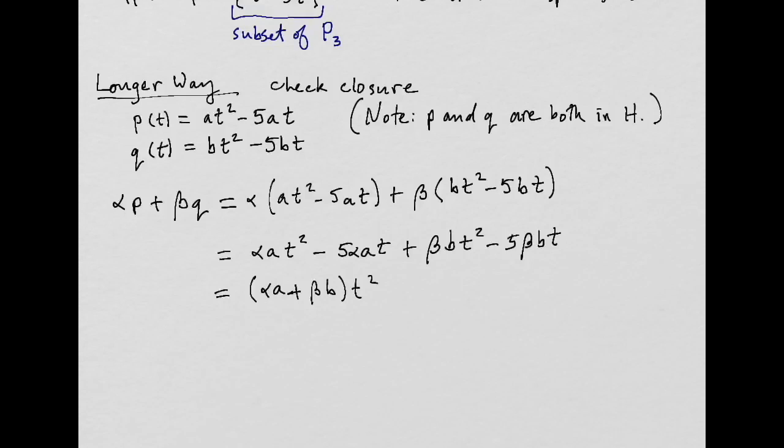Then we'll do the same for the t terms, and we'll factor out the t, so we'll say plus t times minus 5 alpha a, and then minus 5 beta b.